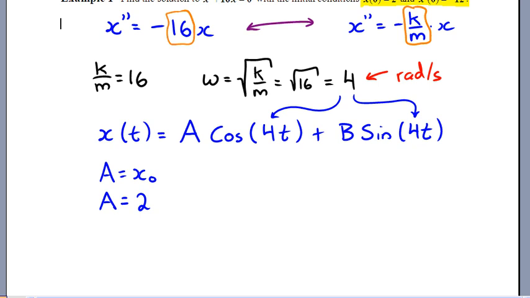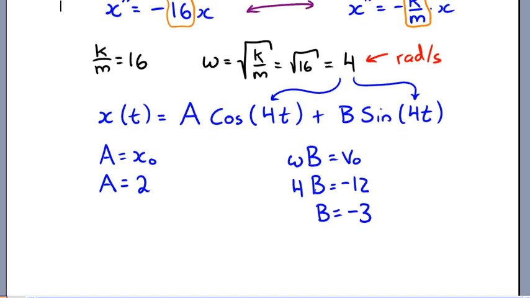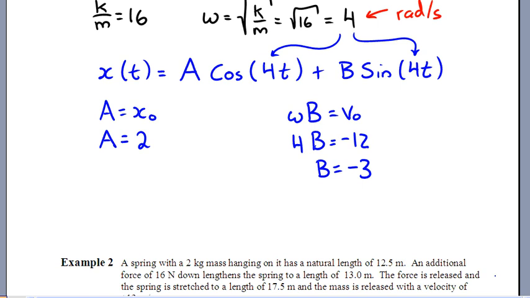So omega times B is equal to the original velocity. So 4, our omega, multiplied by B is equal to negative 12. So the correct value for B, which deals with the original velocity, is negative 3.